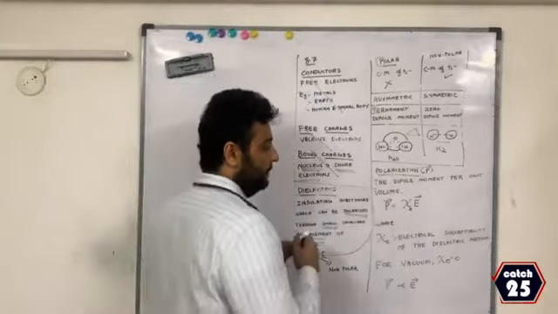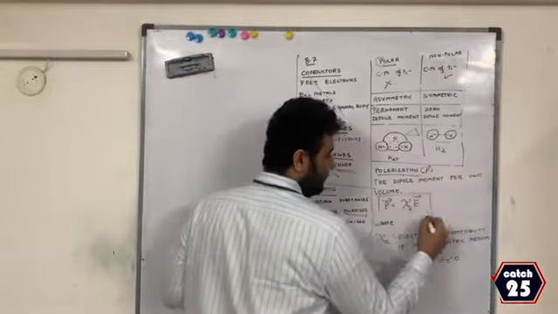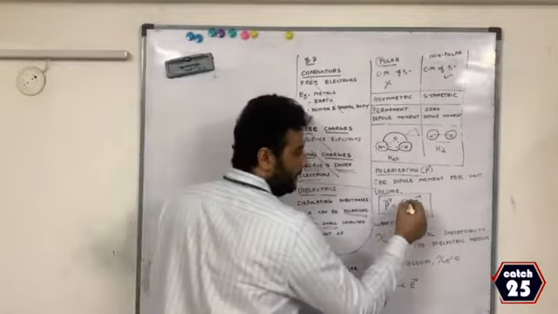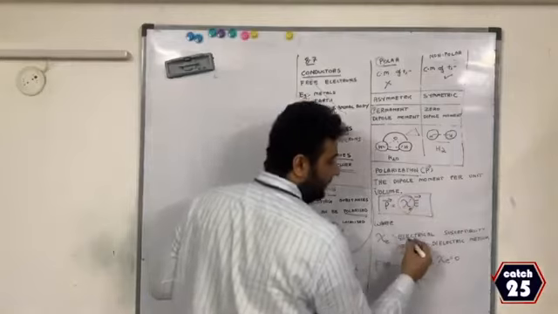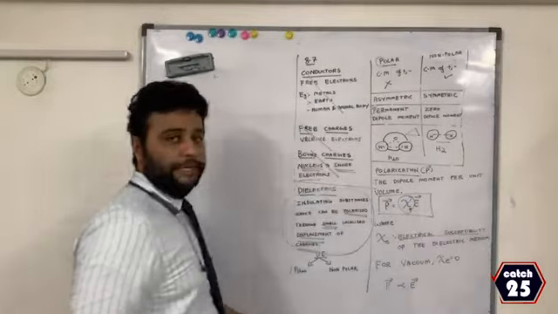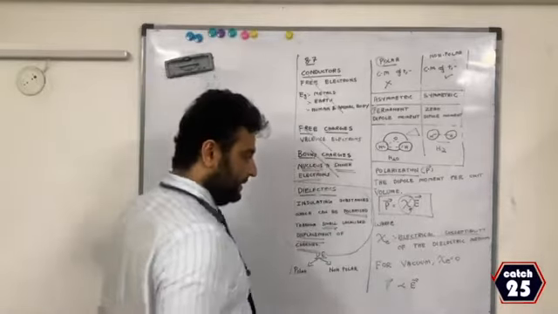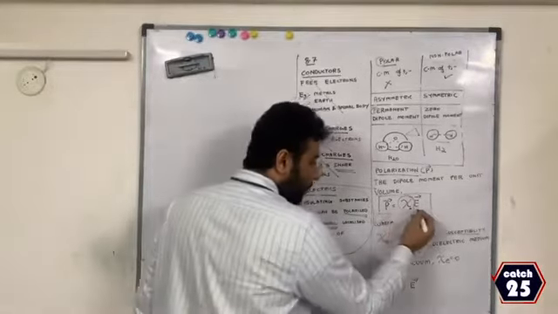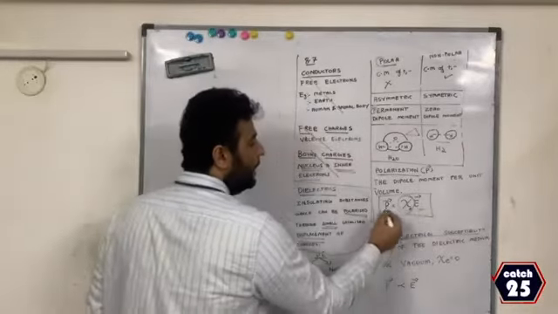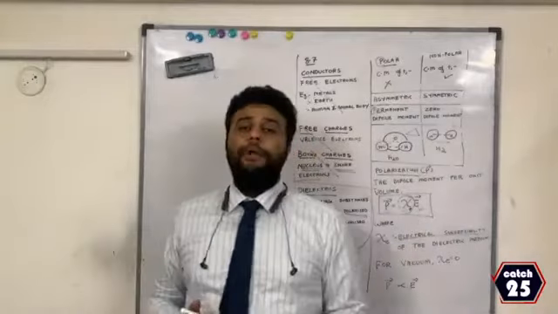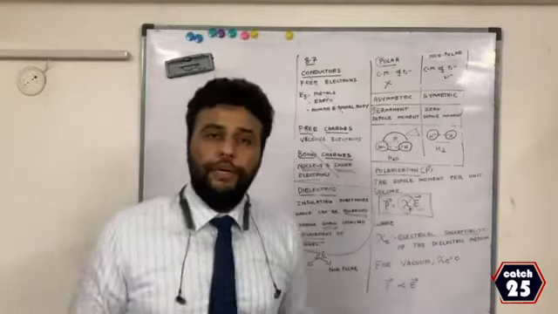Therefore, if you look at this formula, polarization is equal to xi e times E, where xi e is a constant called electrical susceptibility. E, you know, is the electric field. Now, since xi e is a constant, I can say the more the electric field, the more polarization takes place, because polarization is directly proportional to electric field.